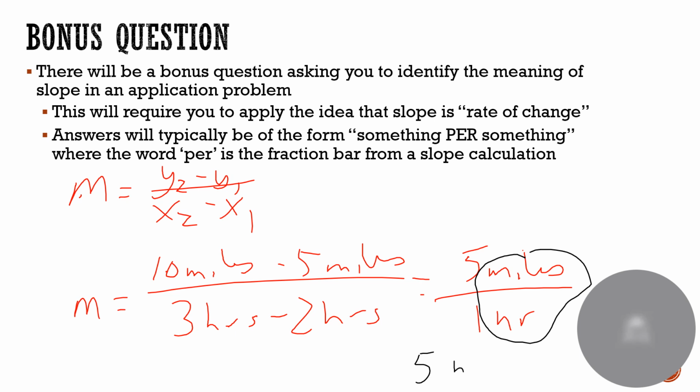A lot of times it's written as the fraction bar, but where the fraction bar comes from is the slope calculation. So if you're asked what the slope represents, you would typically give an answer like slope is miles per hour or miles per gallon or feet per second or, I don't know, dollars per day or something like that. So that's typically what the slope would be, and it would come out of the slope calculation, your rise over your run for your inputs and your outputs.